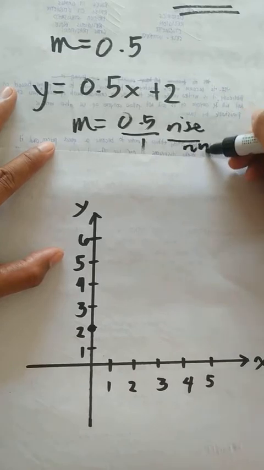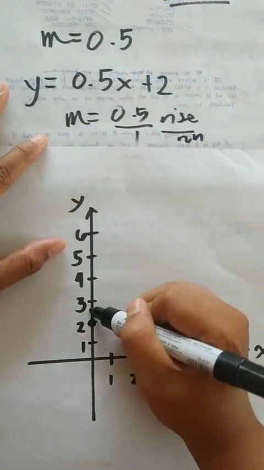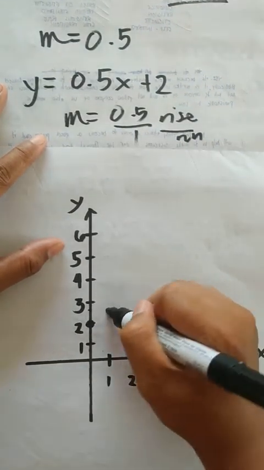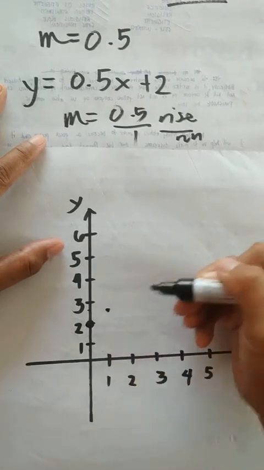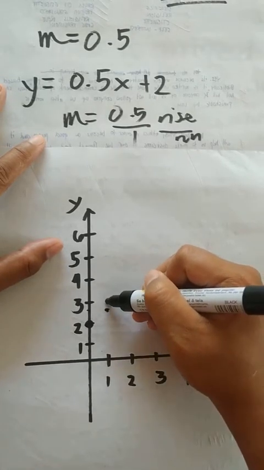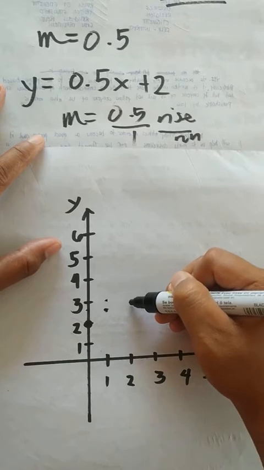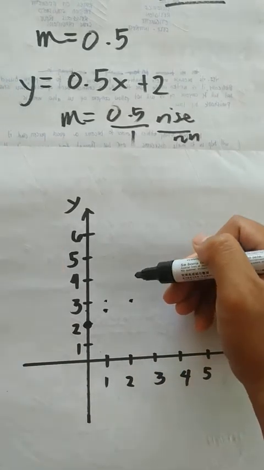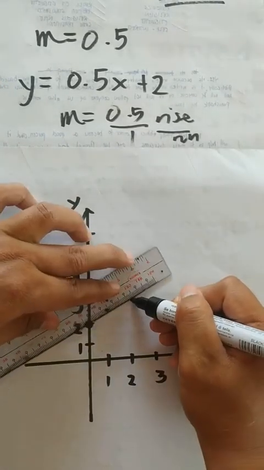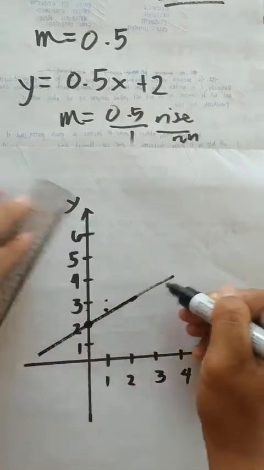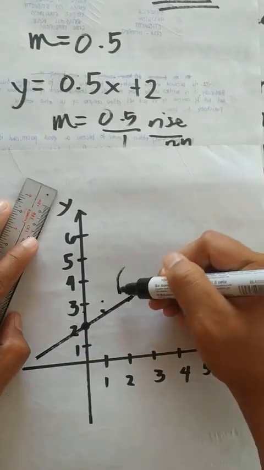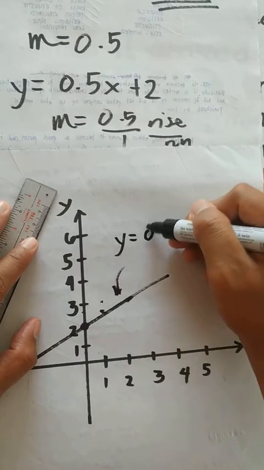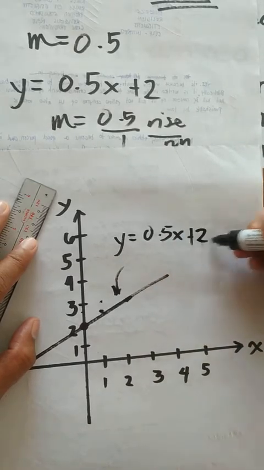We are going to rise 0.5 units and run 1 unit. You can do it again: rise 0.5 units and run 1 unit. Then you can connect that, and this will be our equation.